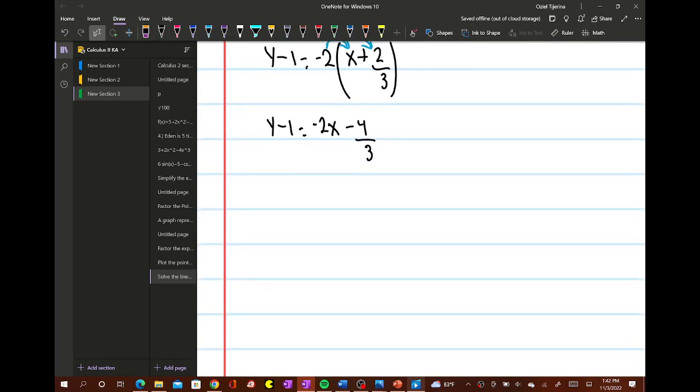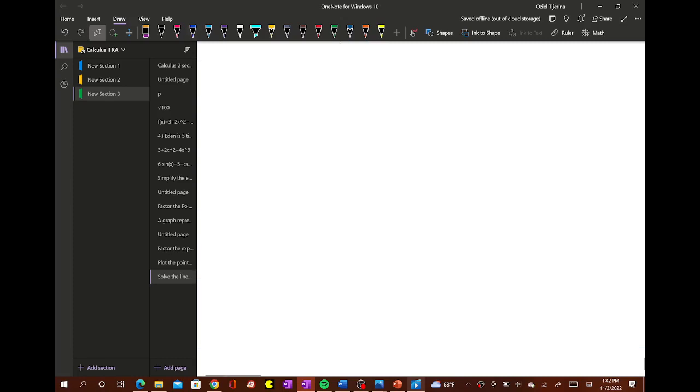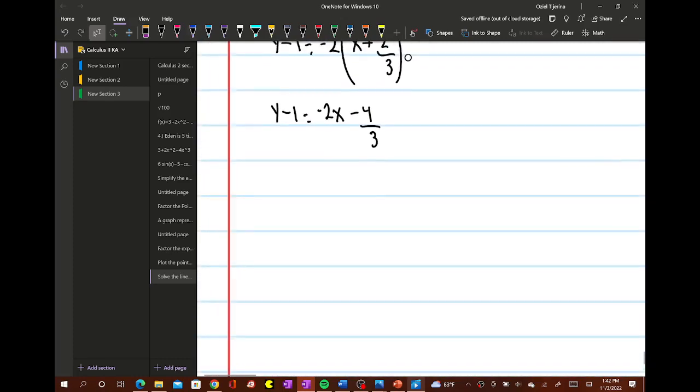what you do next is, like I said, we cannot have fractions, okay? Right now, if I put 2x on the other side, it's gonna be equal to a fraction. We don't want fractions, okay? What I'm gonna do is, so I think I can do this two ways, hold on.